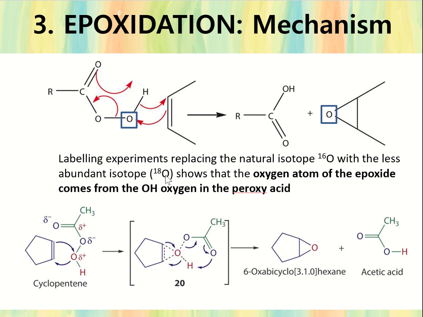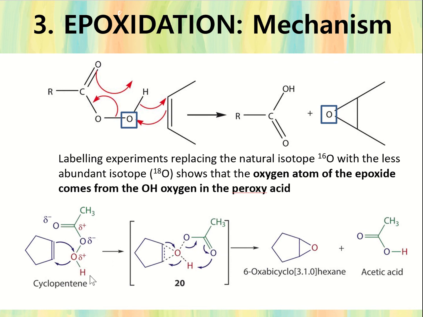So they labeled the oxygen with the less abundant isotope oxygen-18, and when they analyzed the product, they found that that was the oxygen that made up the epoxide, and therefore that confirmed the mechanism.